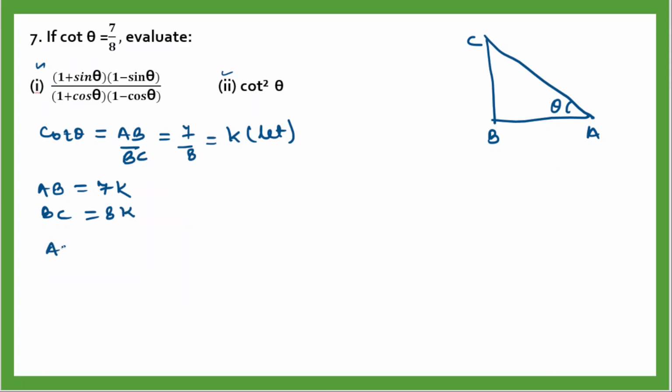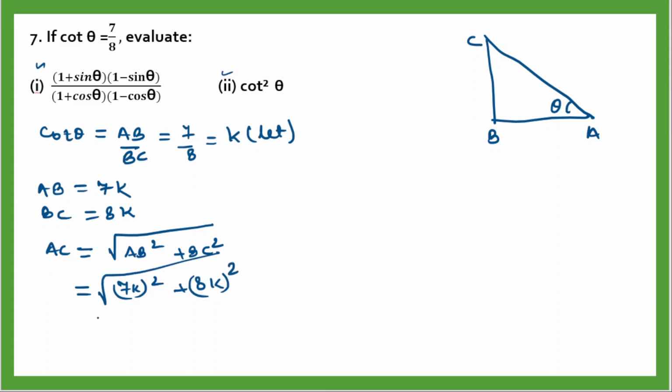We can calculate AC easily by using Pythagoras theorem. It is under root of AB square plus BC square. It is equal to under root of 7K square plus 8K square. So it is equal to 49K square plus 64K square.